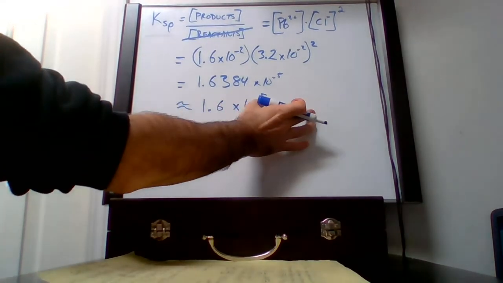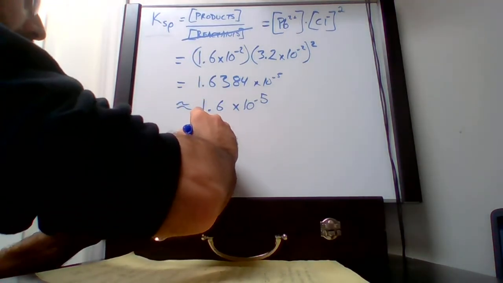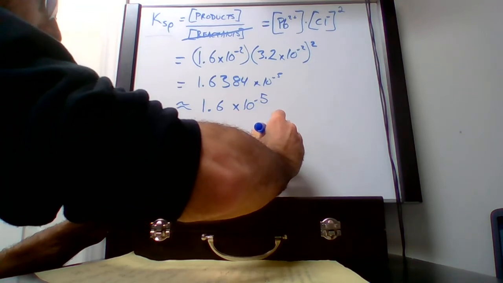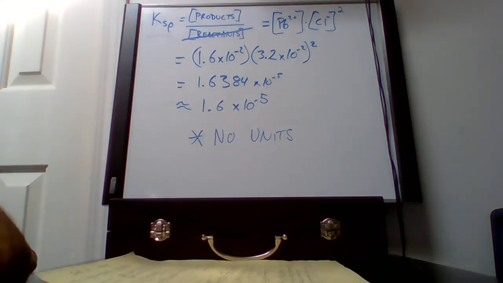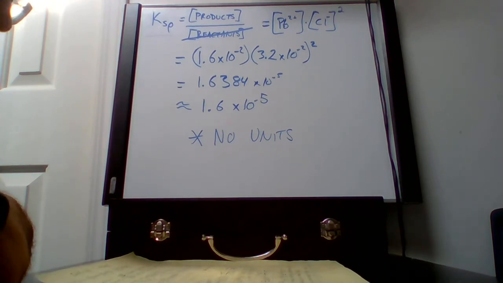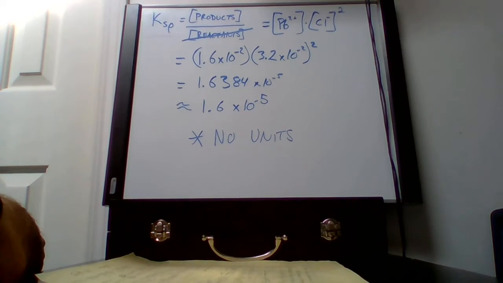And just like our KEQ, our KSP has, let's put a star here, no units. Right, because every time we have this KSP, those units could change. So we just ignore units for our KSP, remembering that our concentrations must always be in molarity or moles per liter.